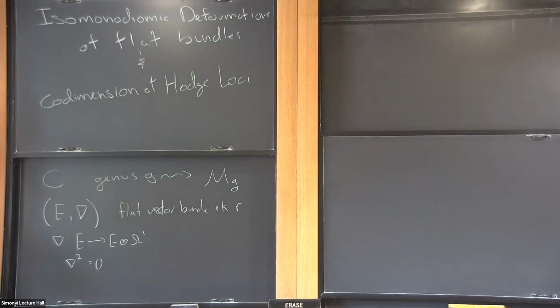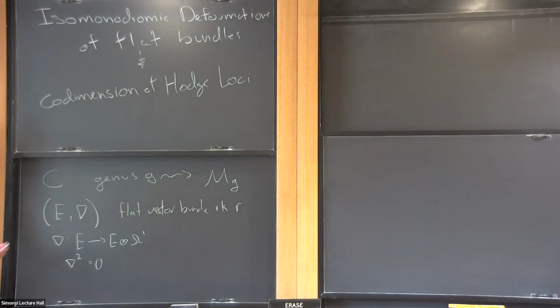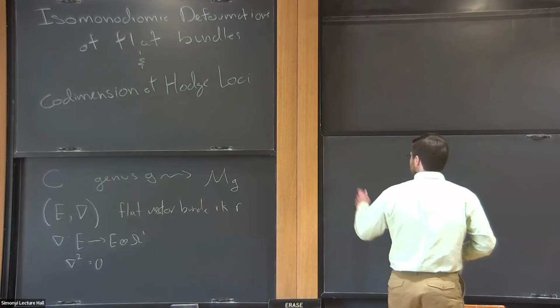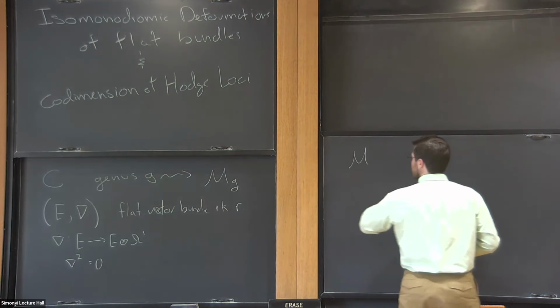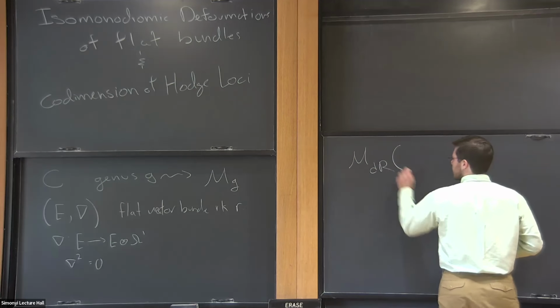So once you have two objects that both vary in moduli, a natural question that you can ask is, well, how do both of these vary? Can you vary these at the same time in moduli? And the answer to that is yes. There's a moduli space due to Simpson called the de Rham moduli space.